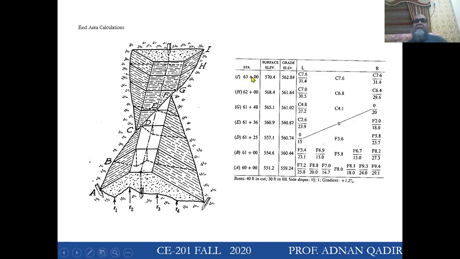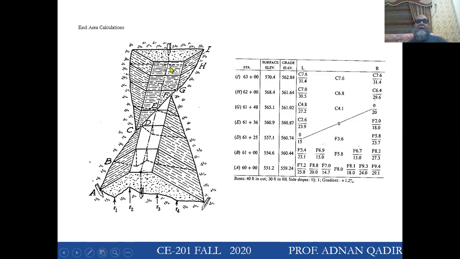And then the surface level is this, and the grade elevation is the elevation of the finishing point, that is the elevation at the point of the pavement. So surface elevation is the natural ground level, and grade elevation is the formation level, or what we call the road level.